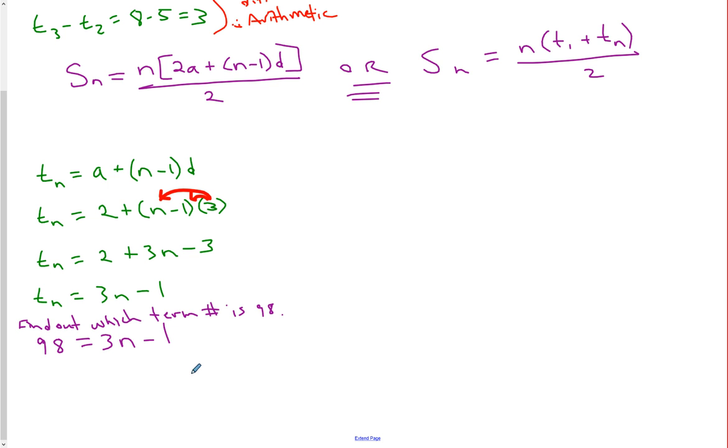So now we need to solve for n. Let's add 1 to both sides. That'll get rid of that 1 on the right-hand side and leave us with 99 equals 3n. And let's divide both sides by 3. That'll leave us with just an n here, and 99 divided by 3 is 33.